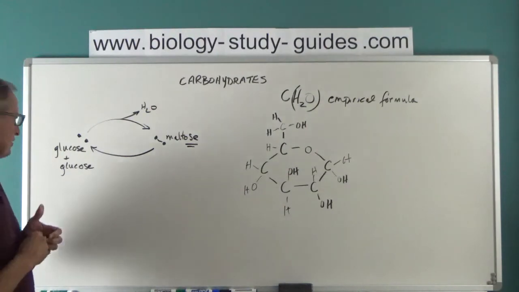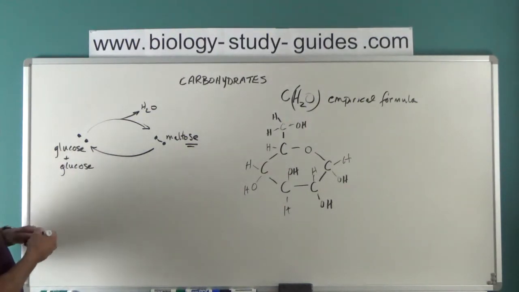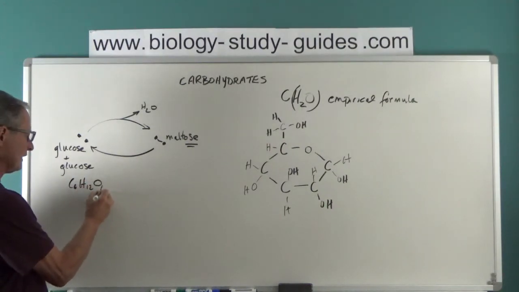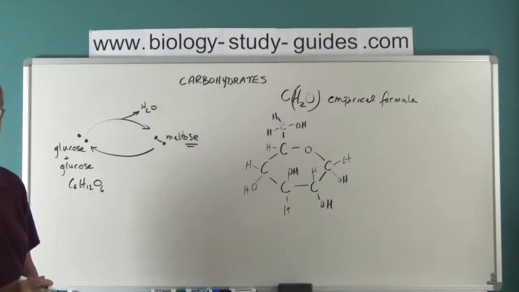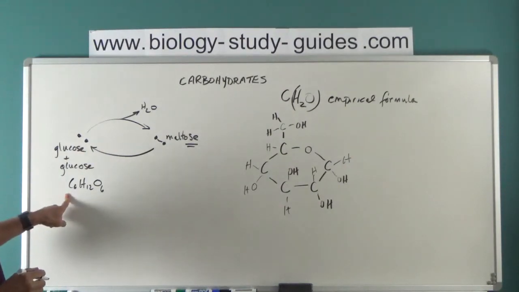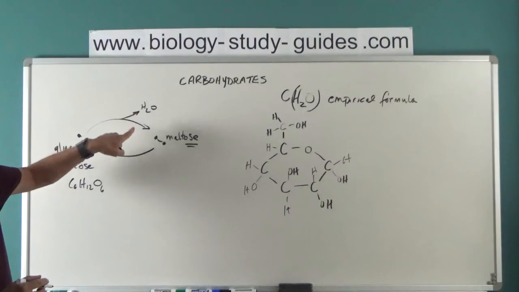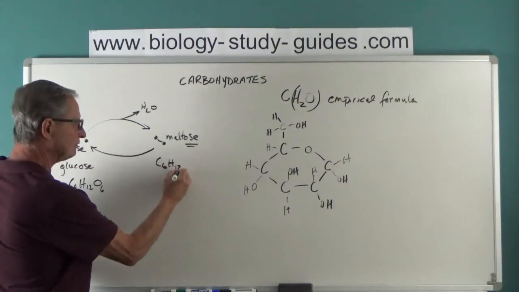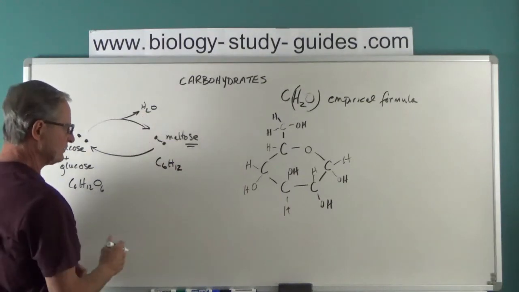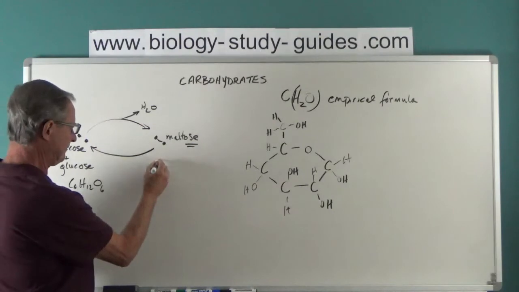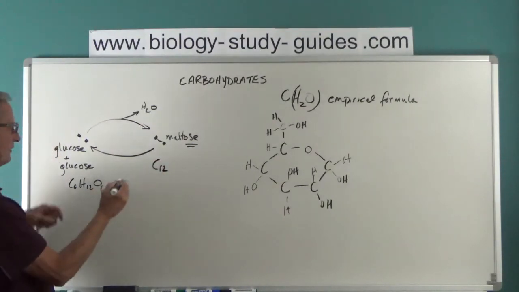Now, let's just consider this for a second. Glucose is C6H12O6. What do you think the formula for maltose is? 2 glucoses together, right? Minus a molecule of water. C6H12, no, C12, because we've got 2 of them.